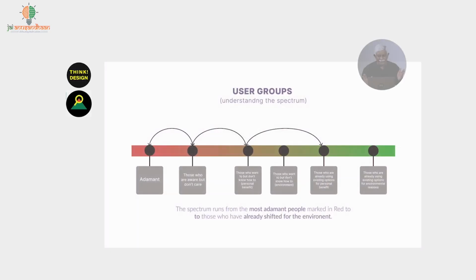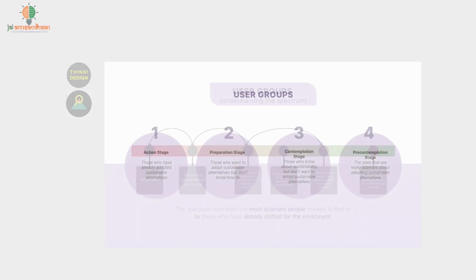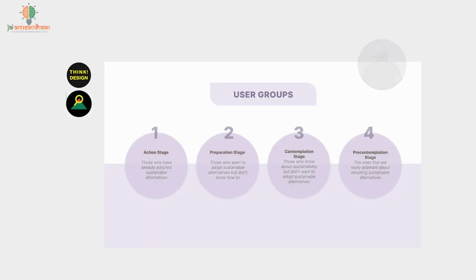They also realized users are not the same kind. At one end you have the very adamant user who doesn't want to have anything to do with sustainability. At the same time, you have users who have already adopted sustainability practices in their daily life, and you have in between. So they decided to make it into 4 groups. The first group is the action stage: they've already adopted sustainable alternatives.